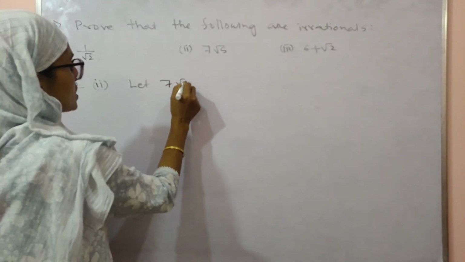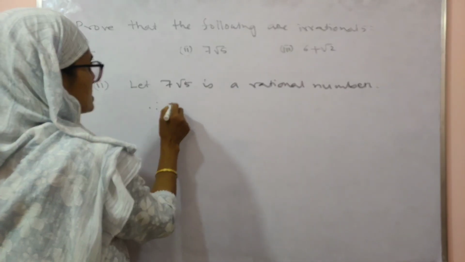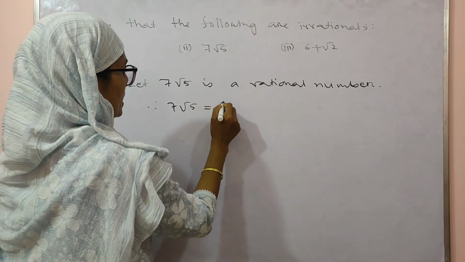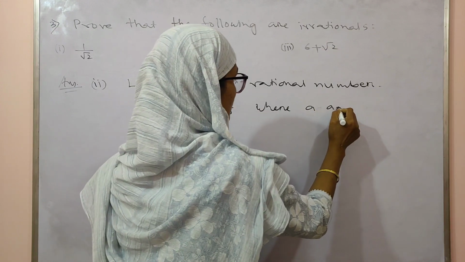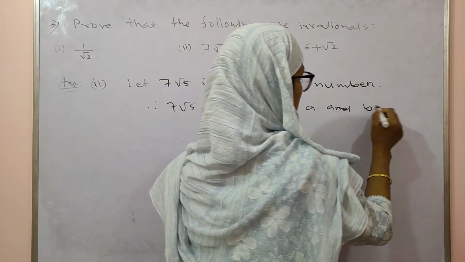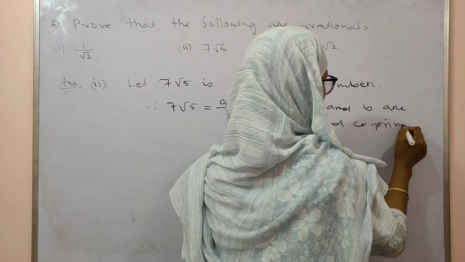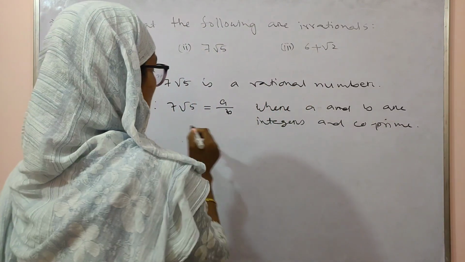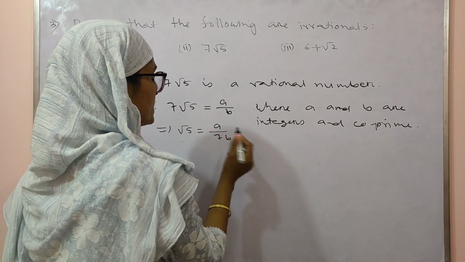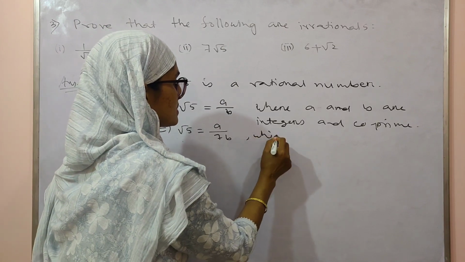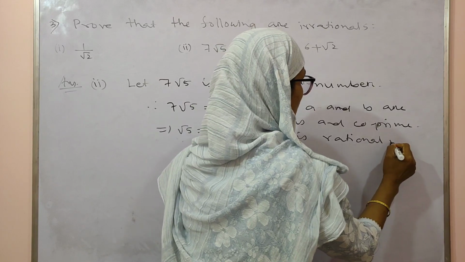Next, number 2. Let 7 root 5 be a rational number. Therefore, 7 root 5 equals a by b, as in the previous one, where a and b are integers and co-prime numbers. Or you can write root 5 equals a by 7b, which is a rational number.